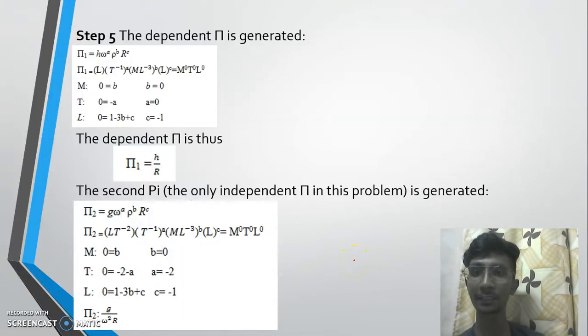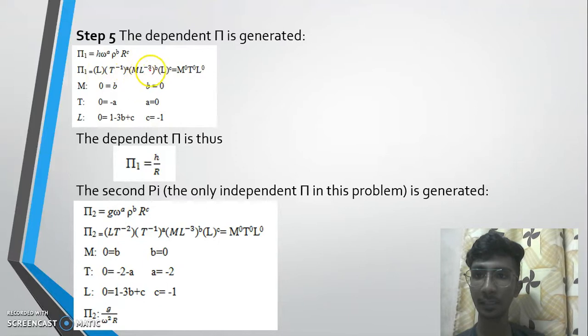So the dependent pi is generated. Pi1 is h ω^a ρ^b R^c. Then we note with the MLT: L, T^-1 to the power of a, M L^-3 to the power of b, L to the power of c.